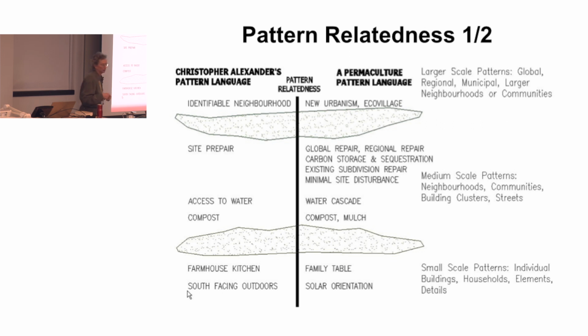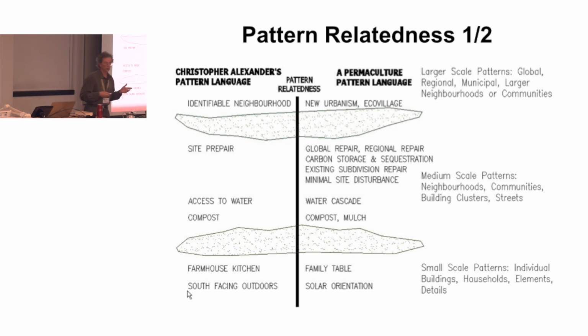But now when we talk about site repair, we have to actually step back, like all the way to a global level. So we can talk about global repair and regional repair, and even subdivision repair. Existing subdivisions can be redesigned into more sustainable communities. So that's a form of site repair that's definitely new and interesting.